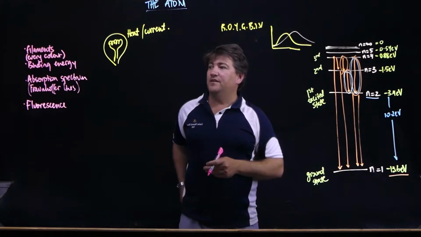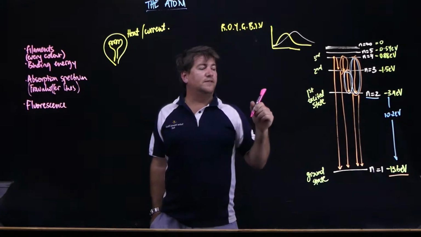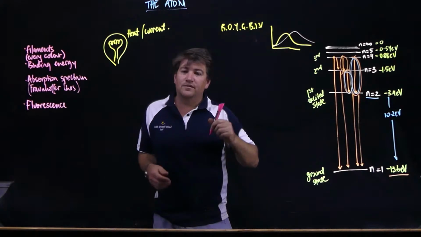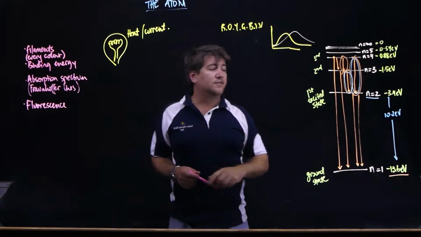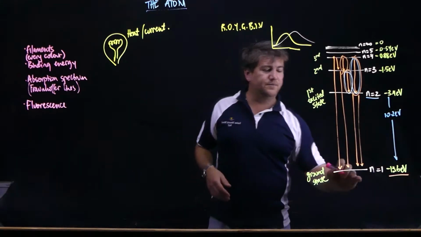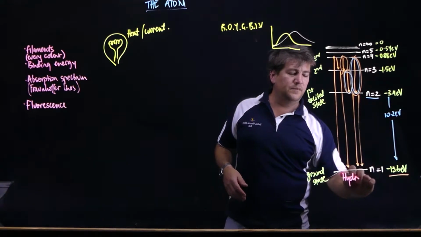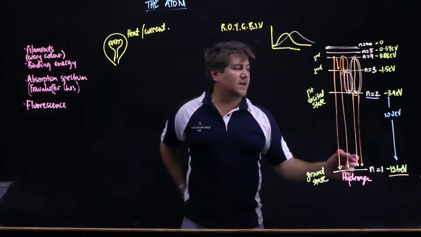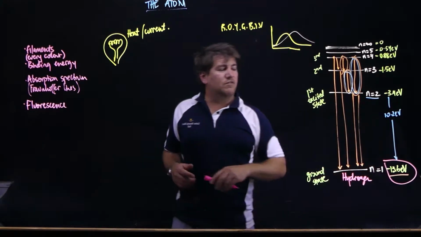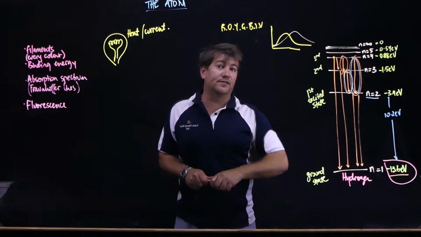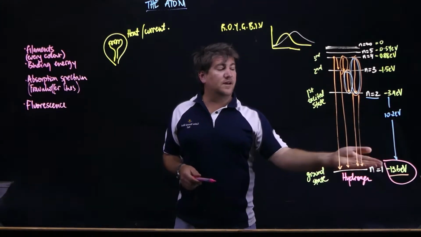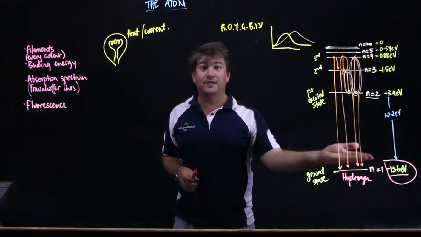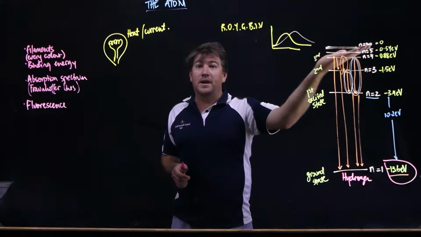The binding energy of an atom is equal to the amount of energy it takes to ionize that atom. So in this case over here, where we've got hydrogen, hopefully you remember this from last video, the ground state is 13.6 electron volts down, so we need to give that electron 13.6 electron volts worth of energy in order to make it come up to the top.